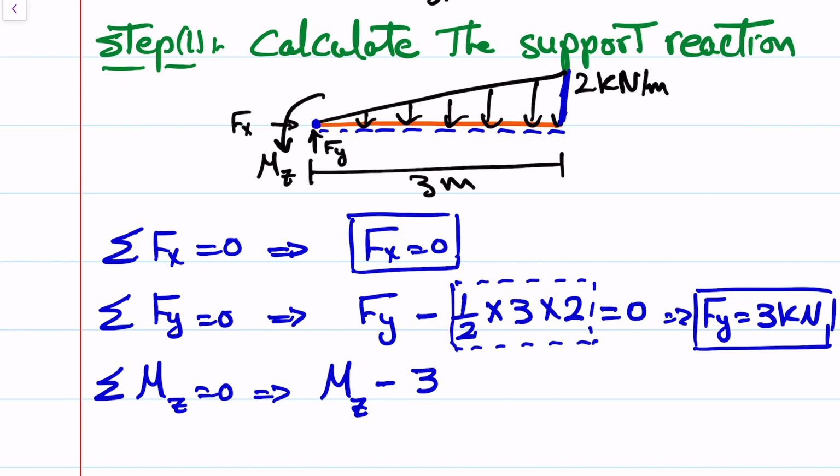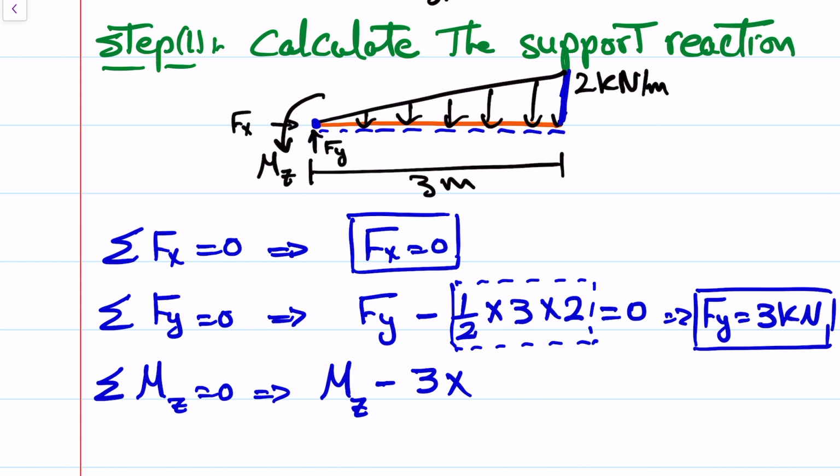Okay, times the distance. How much is the distance between the point of action of the point load equivalent to this distributed load to the hinge? Again, this point load is applied at the centroid of the shape of the distributed load.